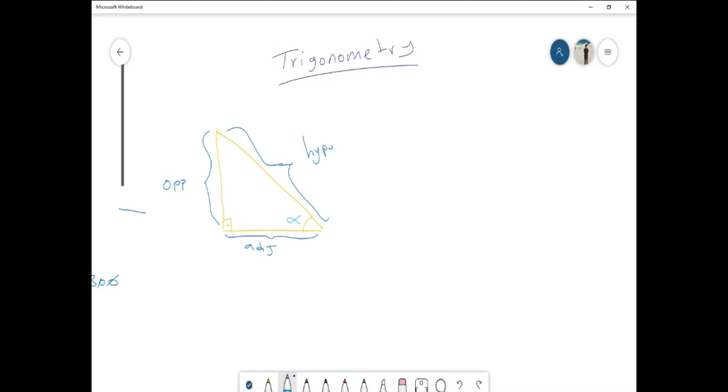Okay, so we said that trigonometry is all about the triangles and the ratio between them. So sine alpha means that I am taking the ratio of the opposite side of the triangle with, sorry, with the hypotenuse.